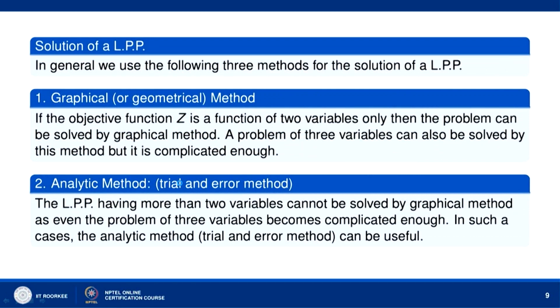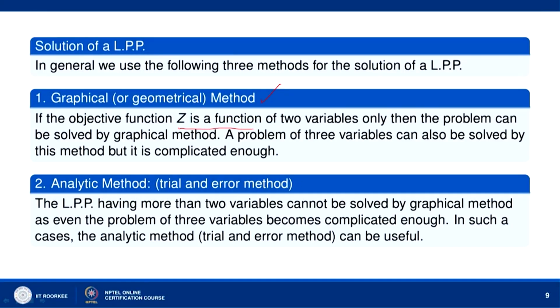Now, let us see in general which are the methods that we use to solve a linear programming problem. First one is the graphical method. If the objective function z is a function of two variables, let us consider the two variables case, z equal to c1 x1 plus c2 x2, then the problem can be solved by the graphical method.